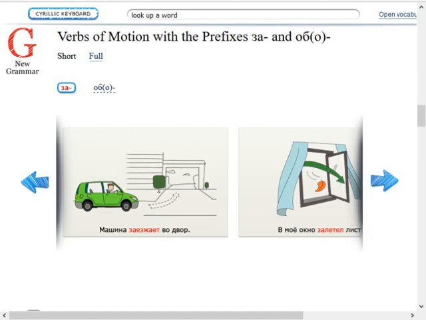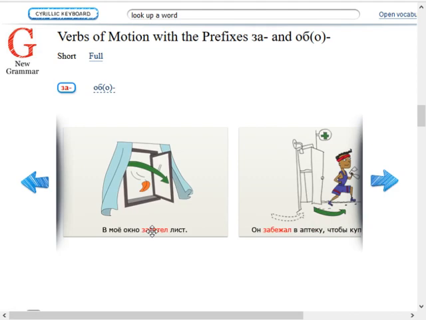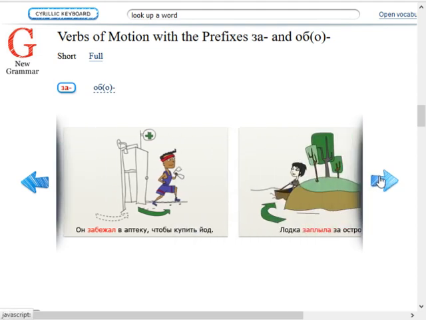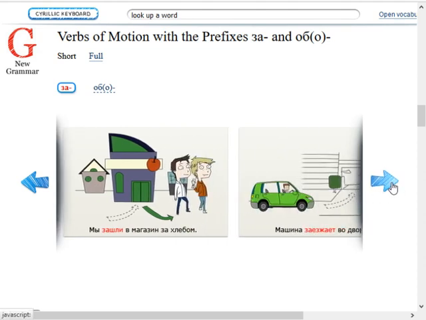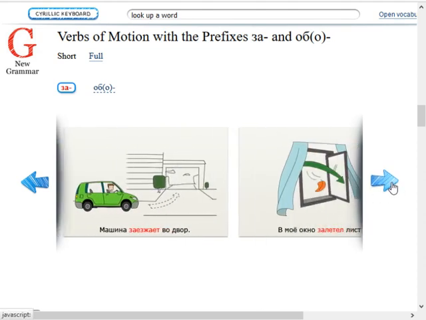So the reason why these words are using za at the beginning of the verb of motion is to indicate it went to, over there, over yonder. It went in that direction towards that place. So that's what it means here, but it's a little bit difficult for English speakers, I think, because English doesn't really have, as far as I can think of, an equivalent to this.